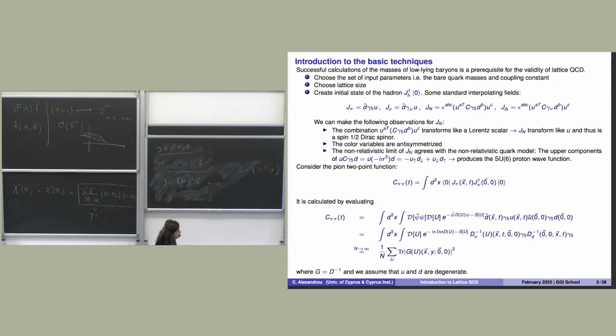And then this is the expectation value, of course, over the gauge configurations. That's why there is this sum here. I sum over all gauge configurations, so that does the integral, basically, and I divide by how many such sums I do. Is it clear?